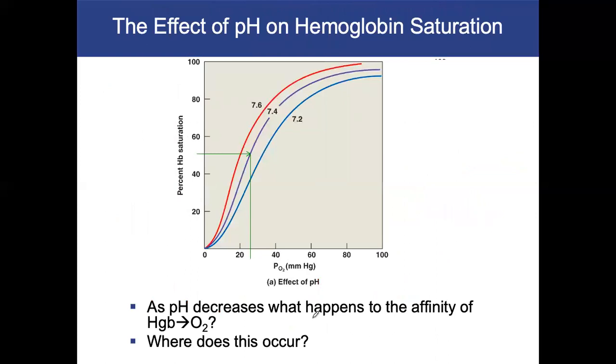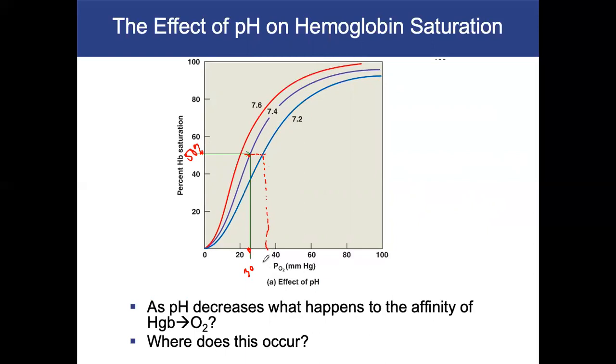All right, so the effect of pH on hemoglobin saturation. What is normal blood pH, guys? 7.35, 7.45. Good, so 50% saturation, right? If we go to normal blood pH, we need about 30 units. Notice how the numbers are relatively the same. If we are in a more acidic environment, right, do we need more or less oxygen to get the same level of saturation?